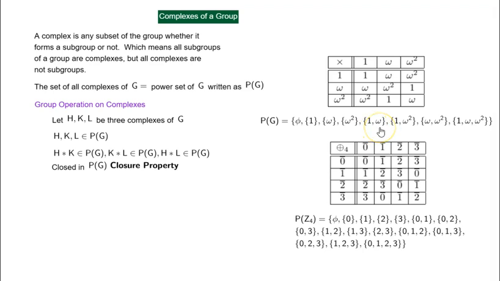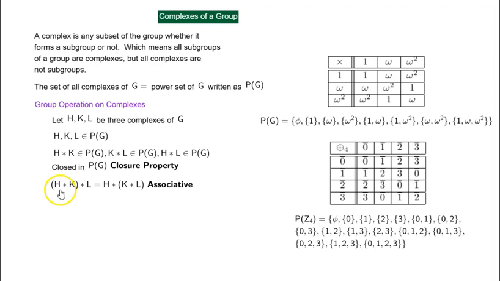So we end up with a subset containing 1 and omega square, which is the next one, omega square, 1. Like that, you can take any two subsets, multiply the elements, and the subset that you arrive at will also be there in the power set. So that shows closure property of the power set.